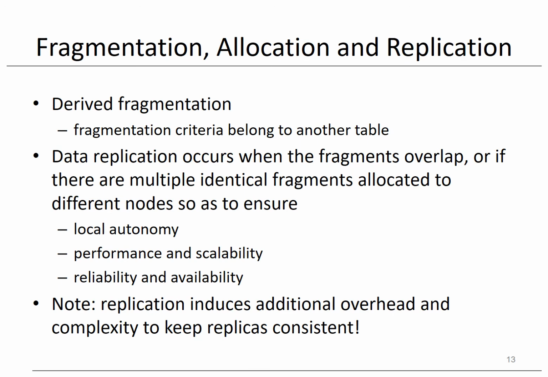Sometimes derived fragmentation is applied, which means that the fragmentation criteria belong to another table. For example, the customer's data can be fragmented according to the sales total for that customer as stored in a separate sales table.